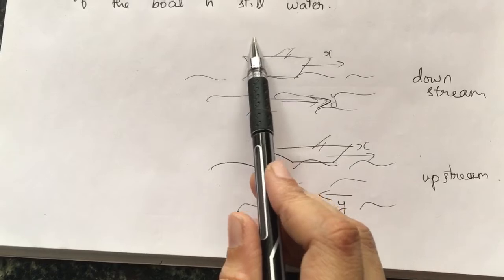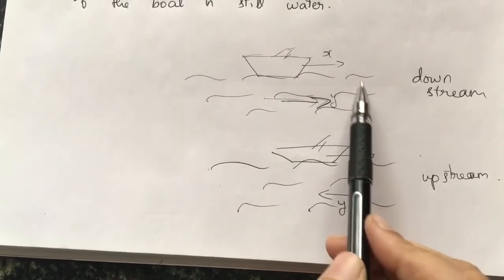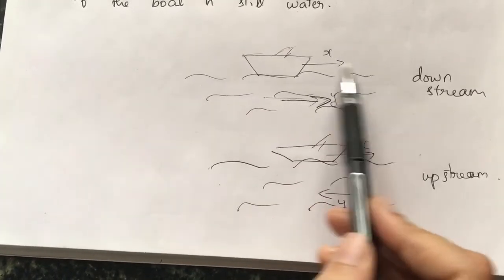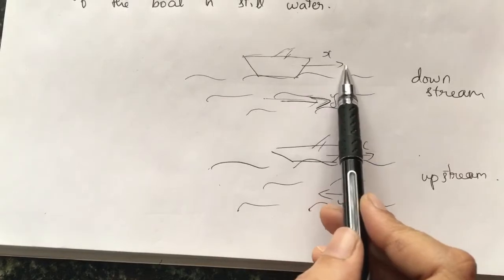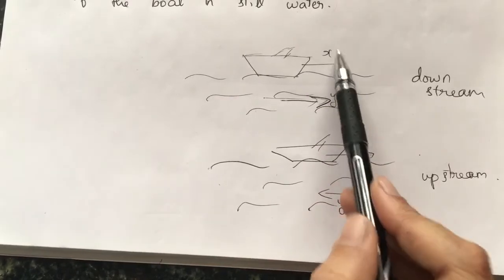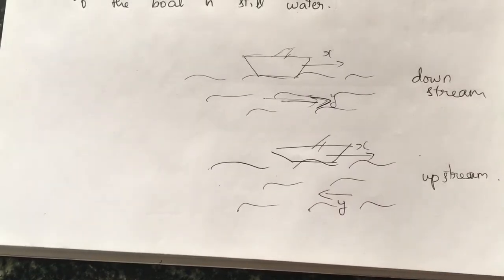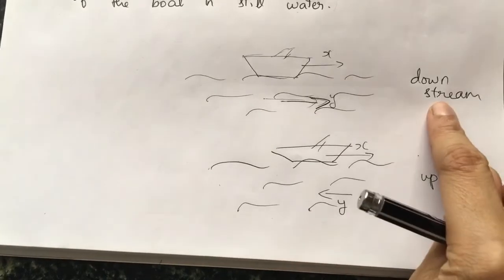When the air and the water are moving in the same direction, the boat will get more speed, meaning you are just adding the speeds. That is in case of downstream.